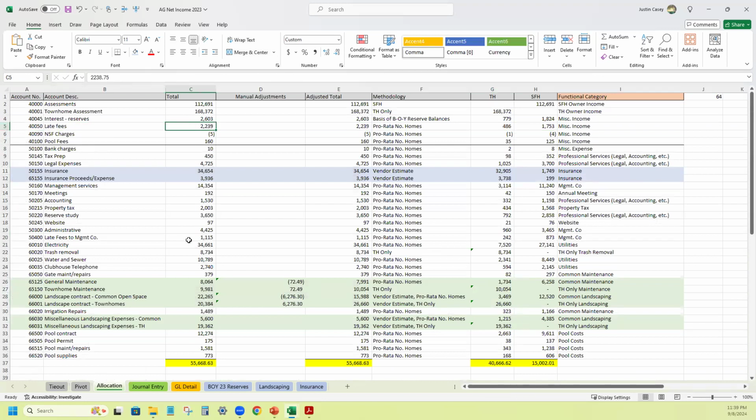So if you look at the dollar amounts here, we took in 2240 of late fees, and half of that is 1120. It looks like AMG paid themselves 1115, which is a negligible difference of $5. So they put it all to our income, and then they pay themselves half of it. So that's how late fees work.